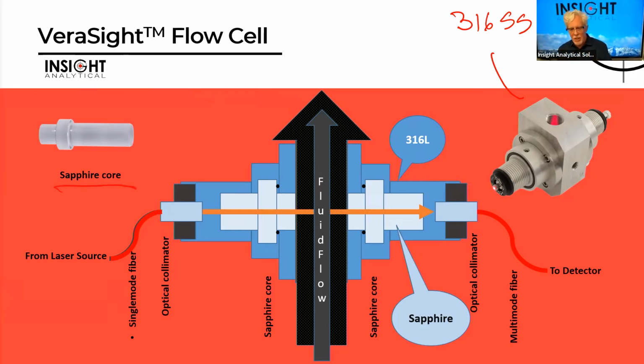Sapphire has the properties that it is the second hardest material next to diamond. And so as a result, things like sand, clay, bitumens won't damage the optical surfaces. It's also very good at transmitting infrared light. And so we can use these to provide a vehicle that the beam of infrared light can pass through the process fluid.